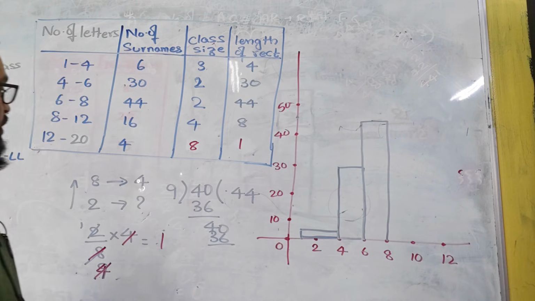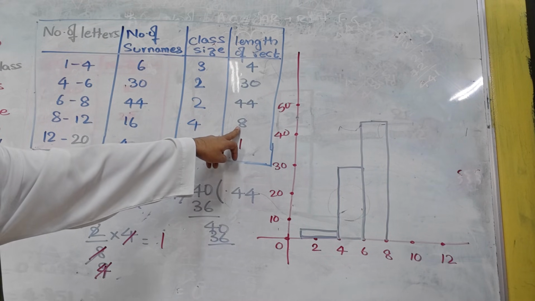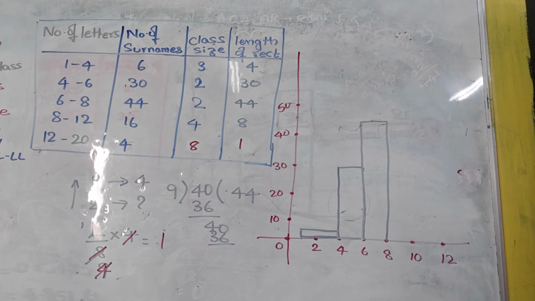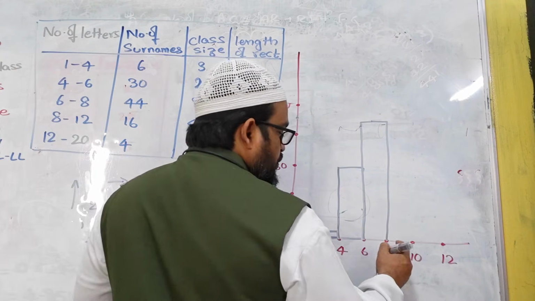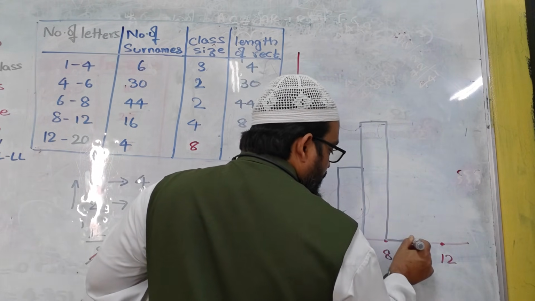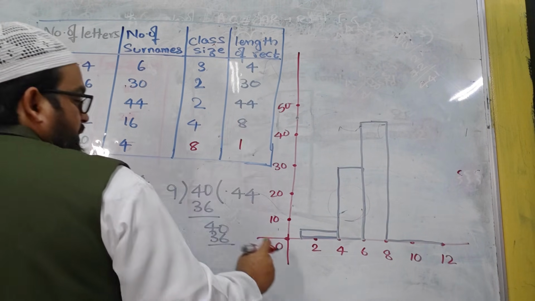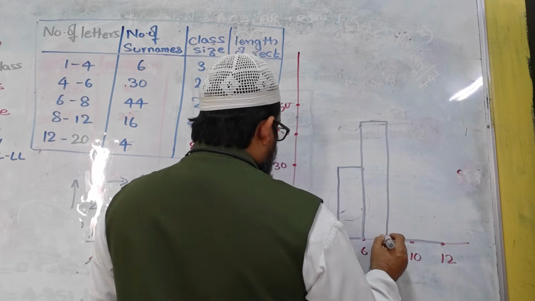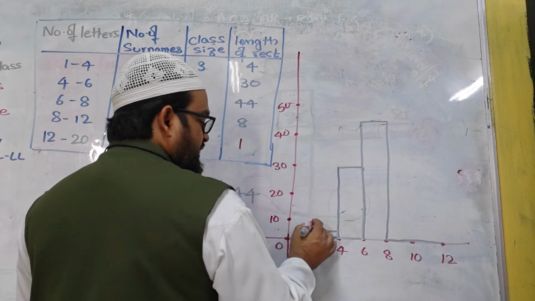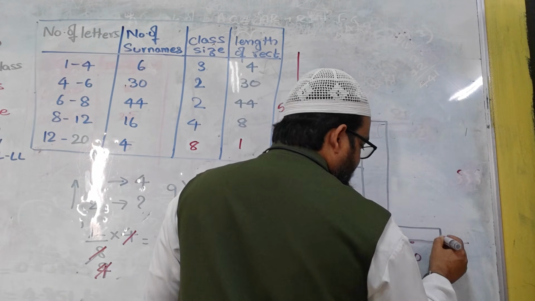And 8 to 12. The length of the rectangle should be 8. Understood? 8 means it is just less than 10. So let me take this.